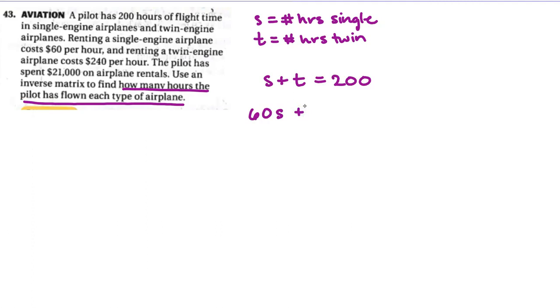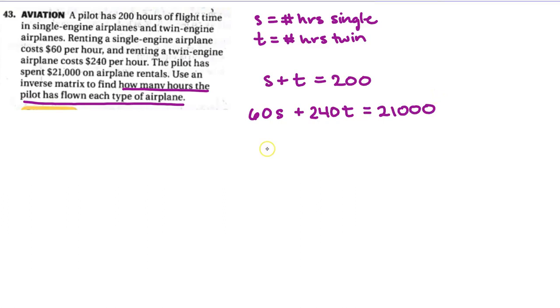And then the other rate is $240 per hour, so that rate multiplied by the number of hours, T, gives you the total cost for twin-engine airplane rental. And the total cost altogether is $21,000. So now we have our two equations.